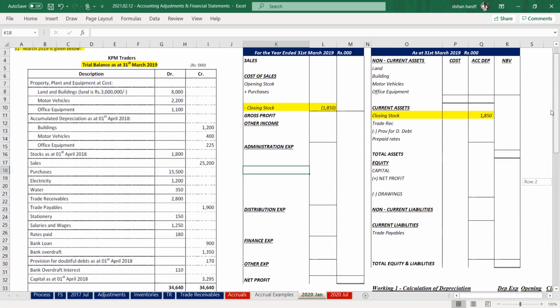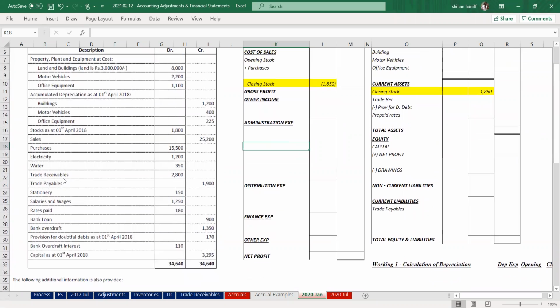Now, if you check the trial balance, there is trade receivable 2,800. Provision for doubtful debt 170. So what I'm going to do is I'll write within bracket here in statement of financial position. Trade receivable 2,800 and provision for doubtful debt 170.